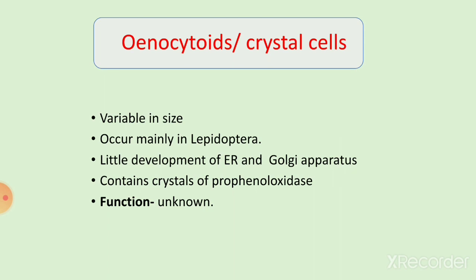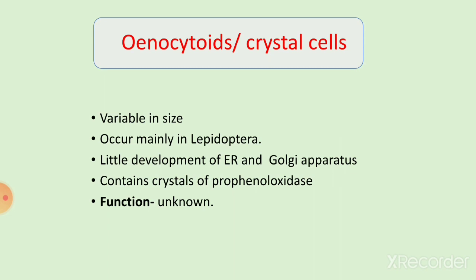These cells are non-phagocytic in nature. Some evidence indicates that the oenocytoids contain crystals of prophenoloxidase, an inactive form of phenoloxidase.